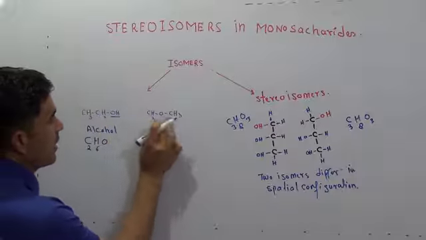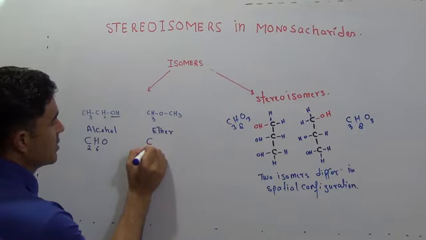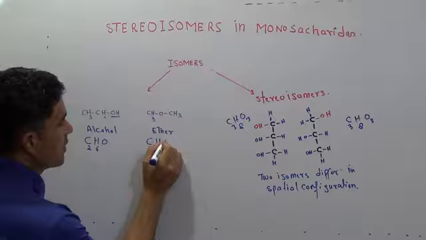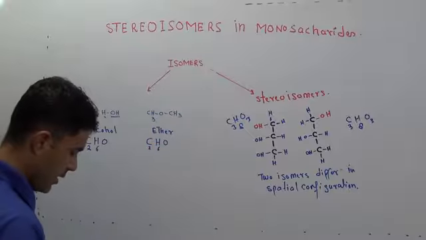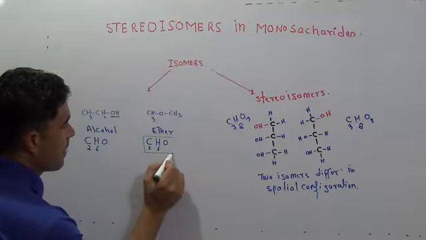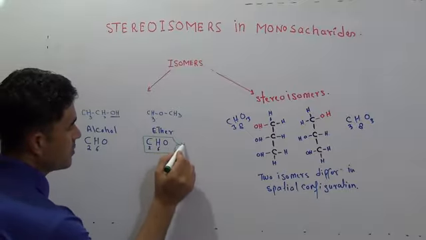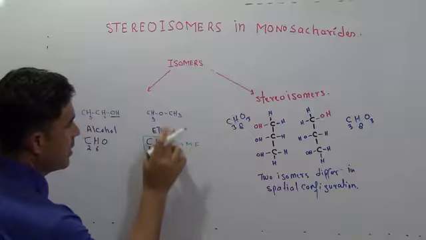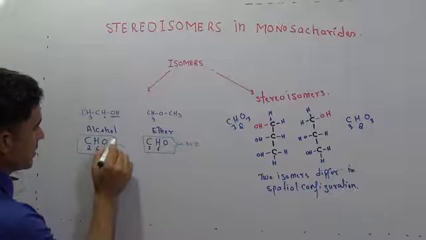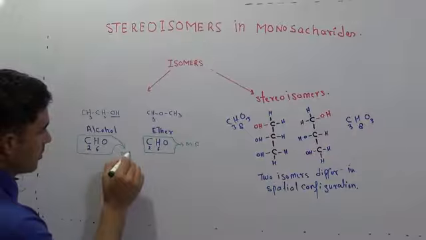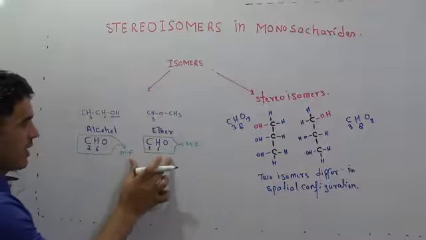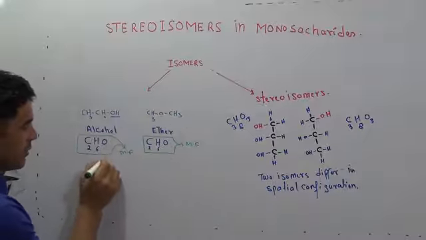And here again we have two carbons, C2, six hydrogens, H6, and only one oxygen, O. This one is the molecular formula of the ether, and the other is the molecular formula of the alcohol. So both compounds have a similar molecular formula.